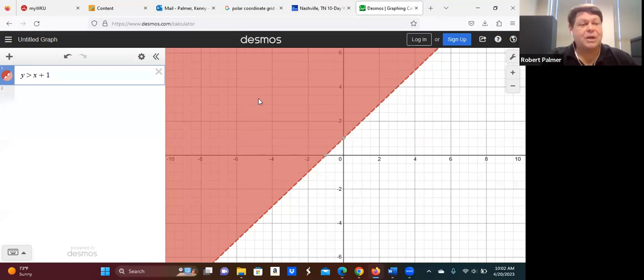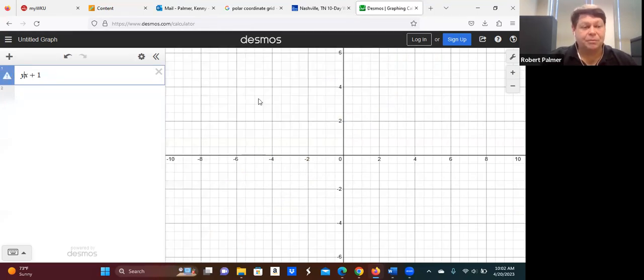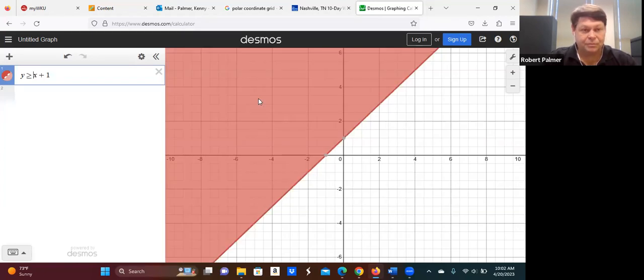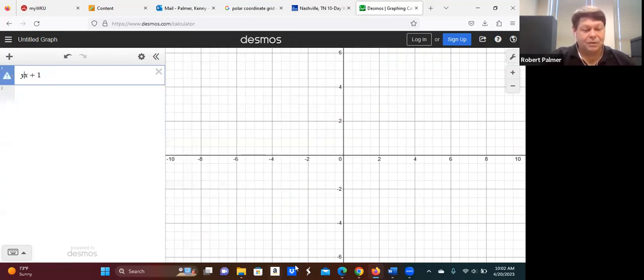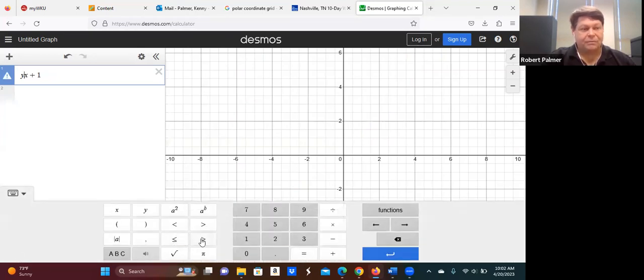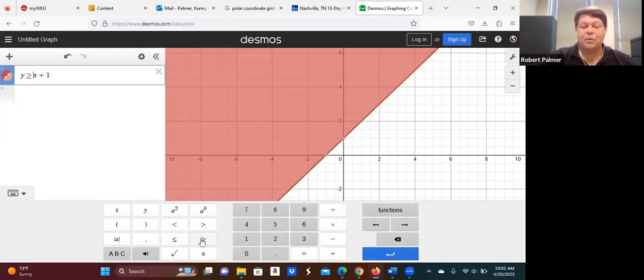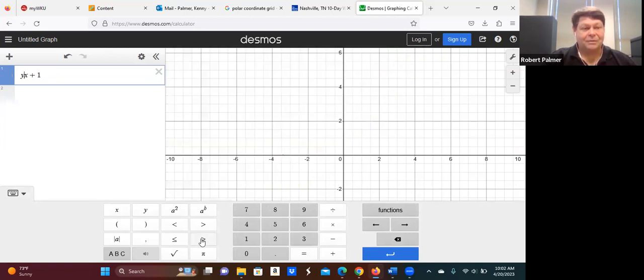Now see what happens if I change this. What if I make this greater than or equal to? One way to do that is to type in greater than equal to. That makes it a solid line, indicating the line is part of the solution. Or I can go to the keyboard and use a greater than or equal to symbol down here. Now what if I turned it around and made it less than or equal to?